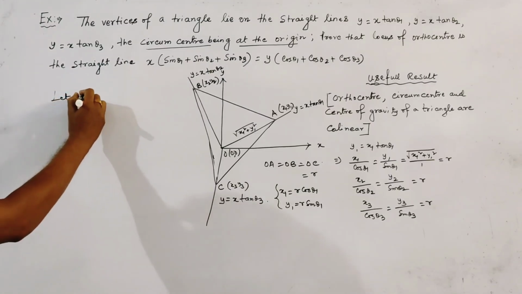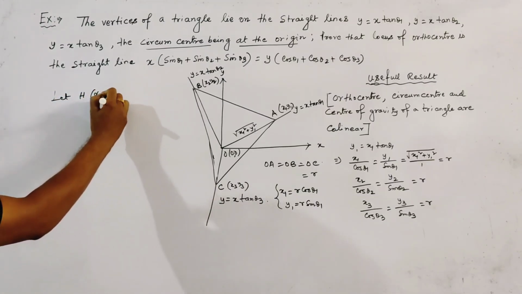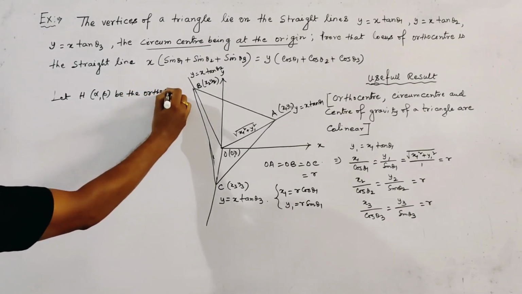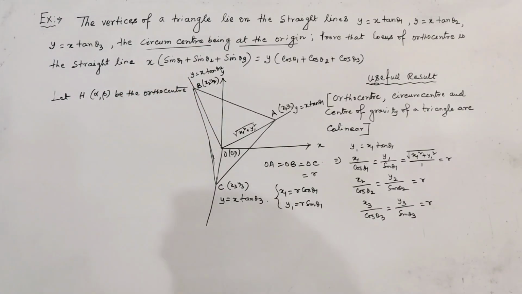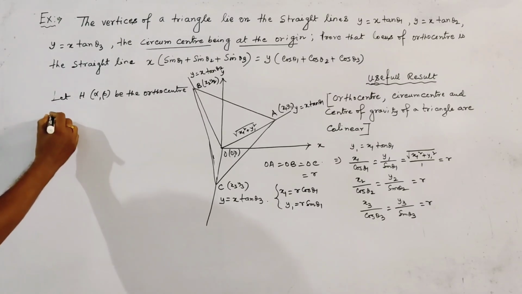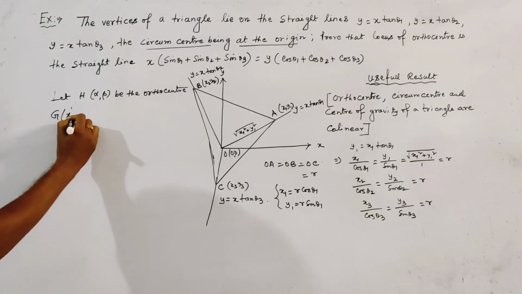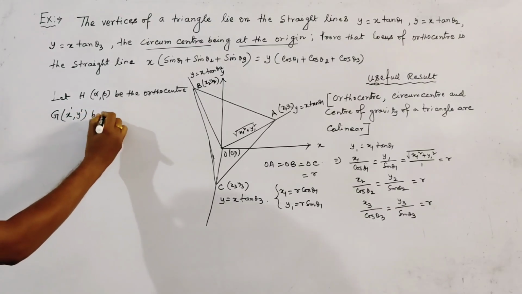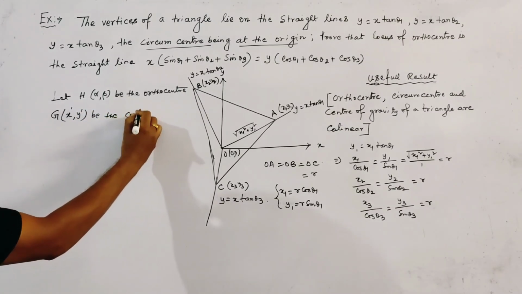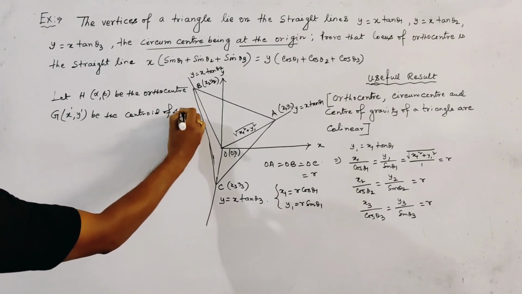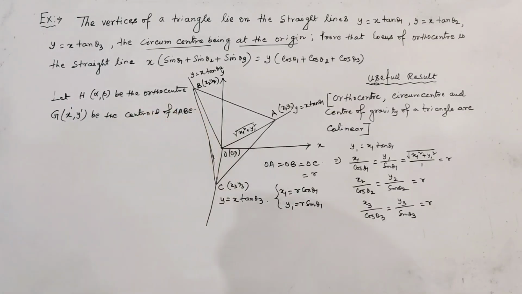Okay, now let H (alpha, beta) be the orthocenter, and let G (x dash, y dash) be the centroid of triangle ABC.